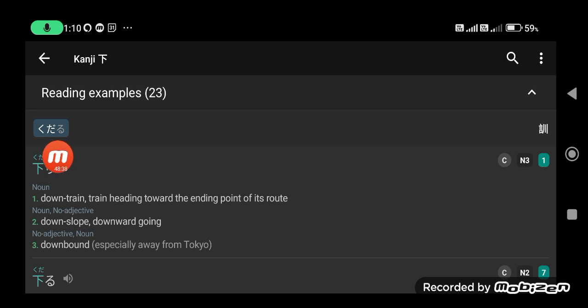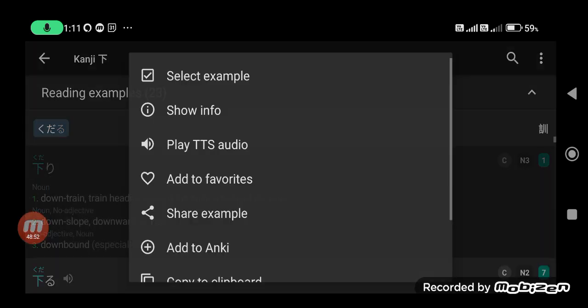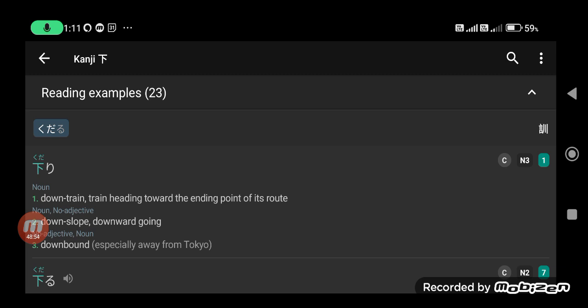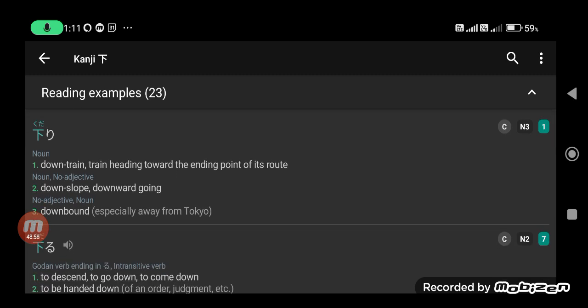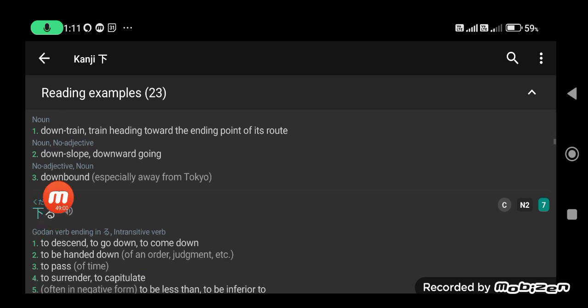We have discussed this, that the effect of extracting the masu stem of a verb is that the verb becomes a noun. So kudaru becomes kudari, and is therefore a noun that has these meanings. Just like in a mountain, you want to go downward, or downbound.